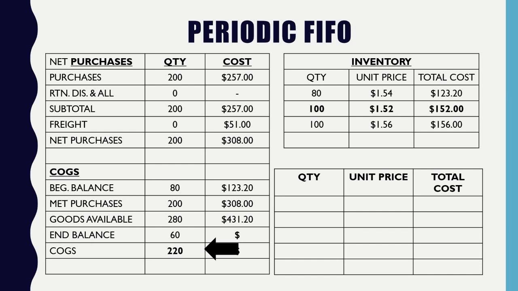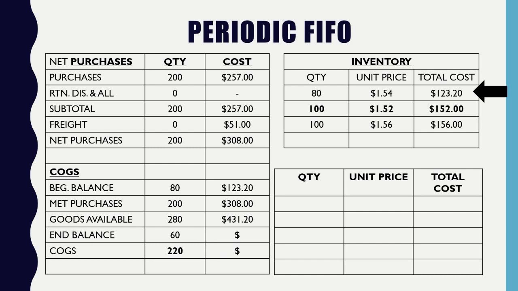So now, taking a look at my total goods available, or my inventory on hand, this gives me a total of 280 toys at a total of $431.21. Now, just like we were talking about using the FIFO method, we take away from the very first batch.